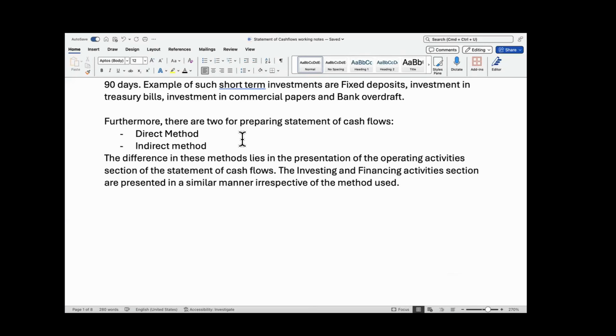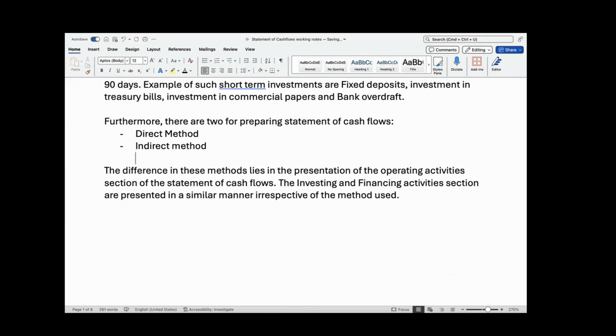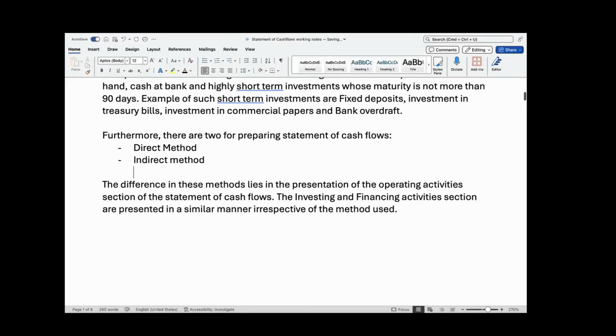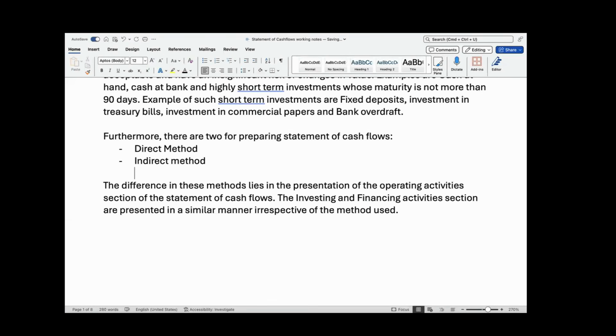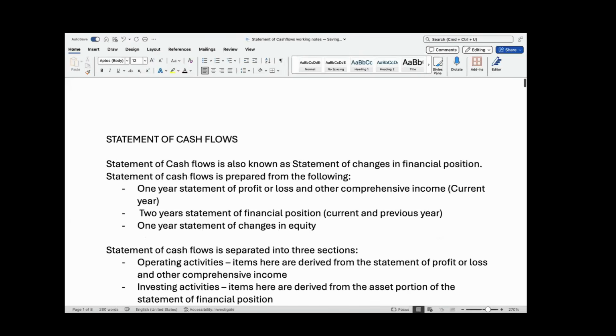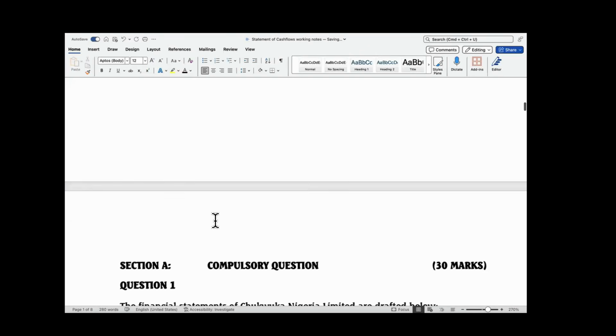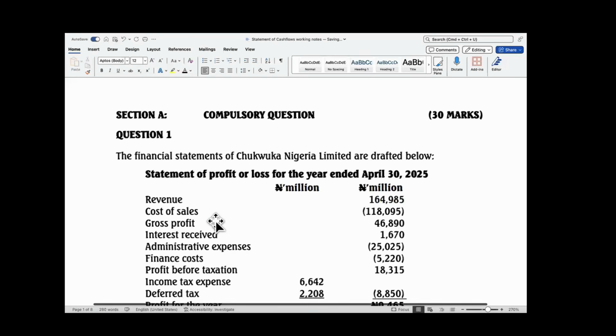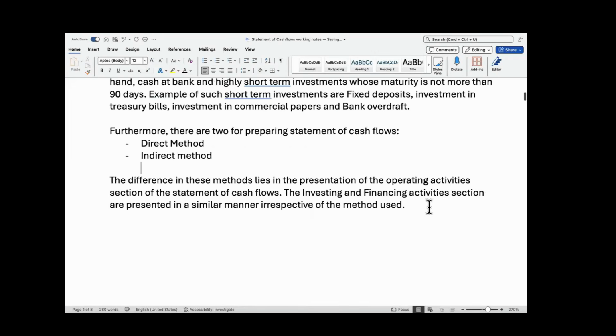I would use questions to show you the difference between direct method and indirect method. Without wasting our time, let's solve past questions to practicalize everything we are doing. But let me open your mind to this.